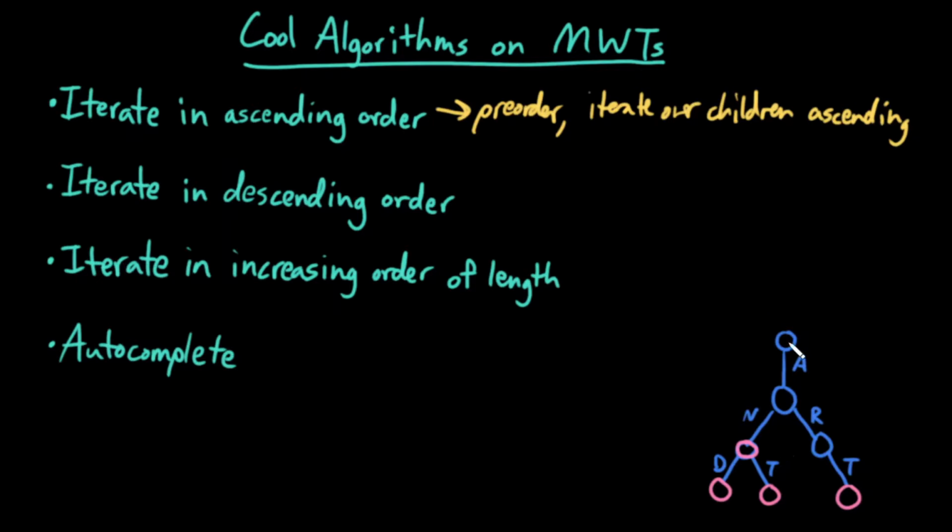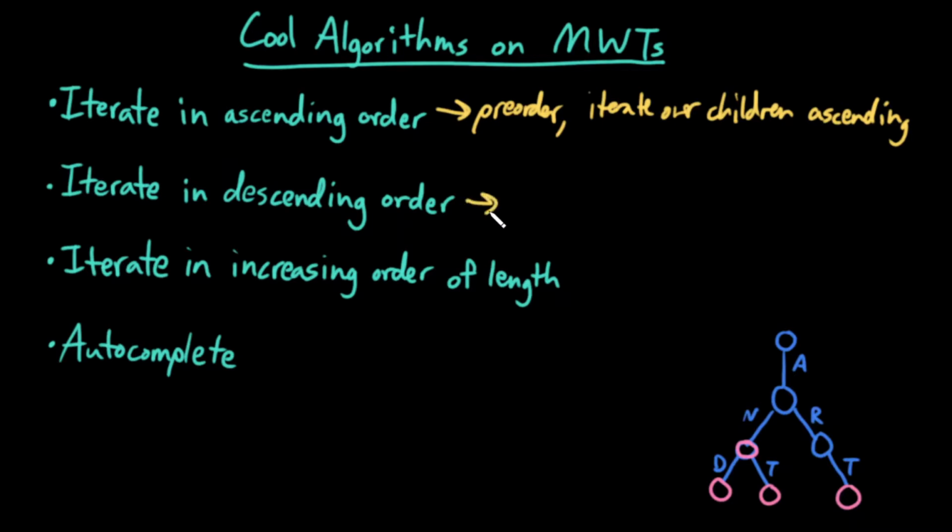So for example, in this tree, I would do a pre-order traversal, start here, I visit. Here I have two options, N or R. I would iterate over them in increasing order. So I would go N, and then later I would go R. And the moment I visit a word node, I would just output the word that is represented by the path from the root to that word.